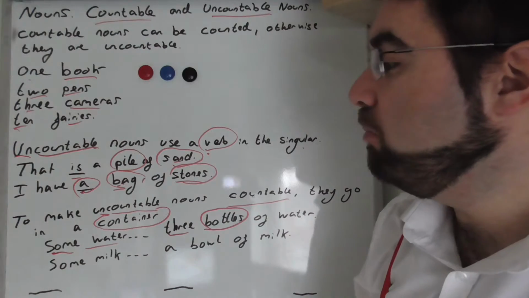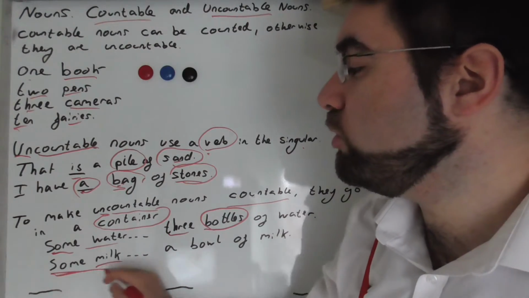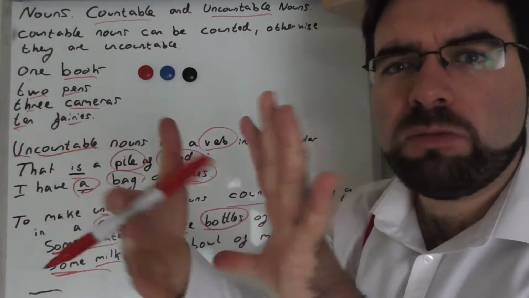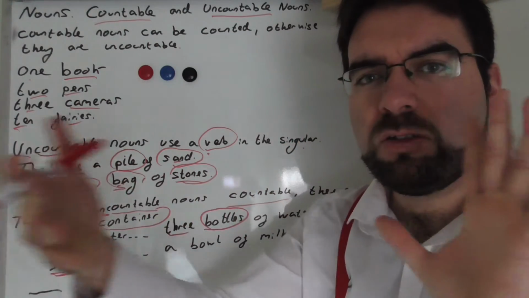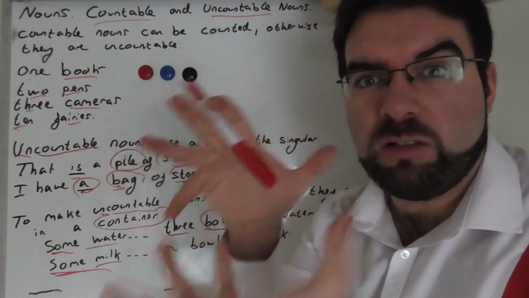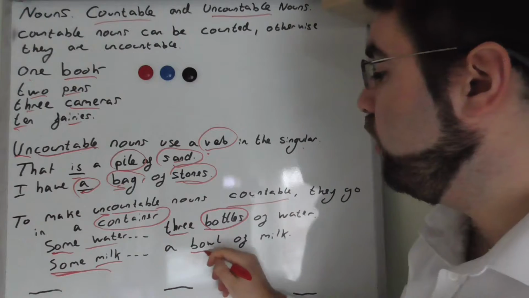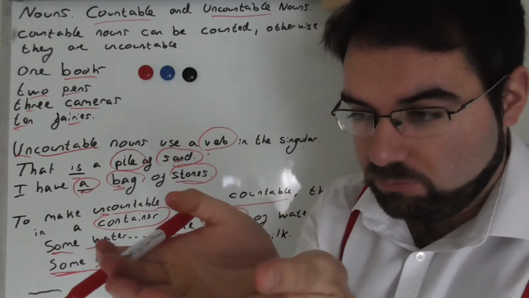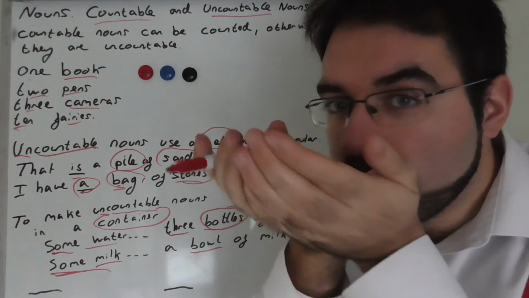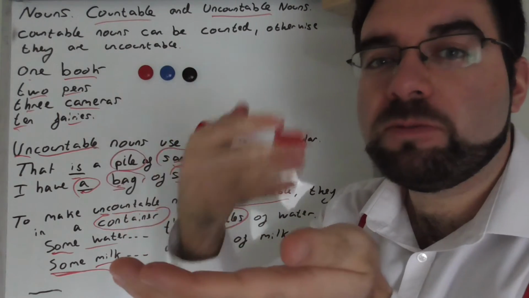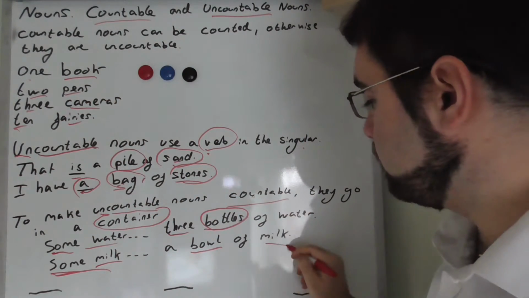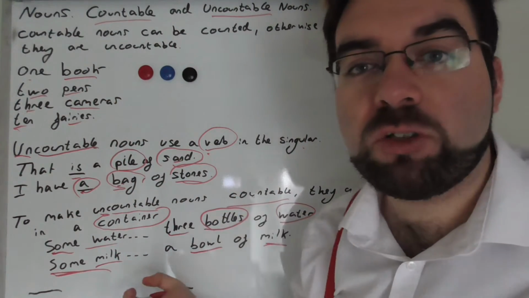Very good. Milk. I have some milk. Some. How much is some? Well, some. I have a bowl. A bowl of milk. Question is, how much water do we have?